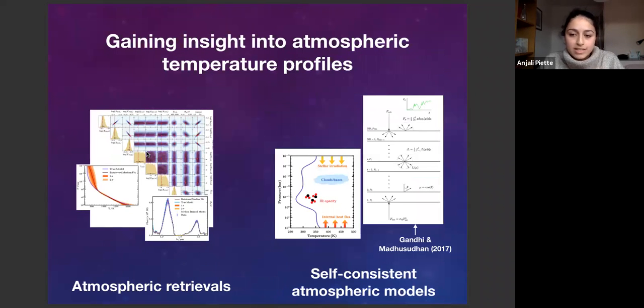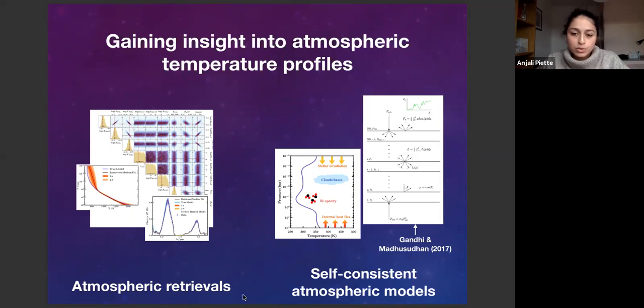So there are many different ways to understand those PT profiles. I briefly mentioned already atmospheric retrievals, where we're driven by the data and we see what kind of temperature profile we get from that. And also you can use self-consistent atmospheric models. Obviously there are many different types, many different dimensions, but in this talk I'll be talking specifically about one-dimensional self-consistent atmospheric models.